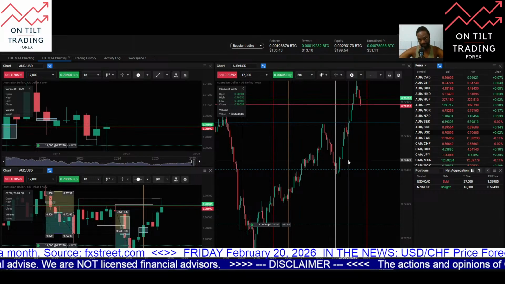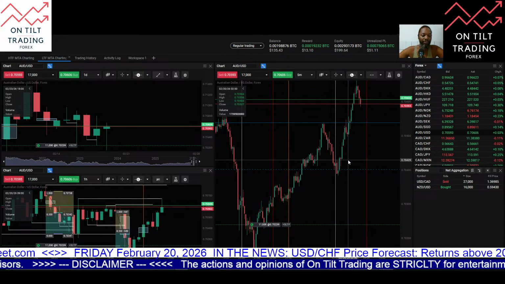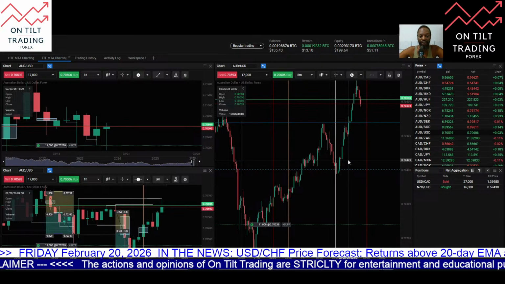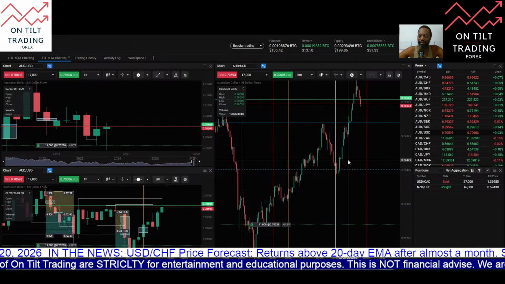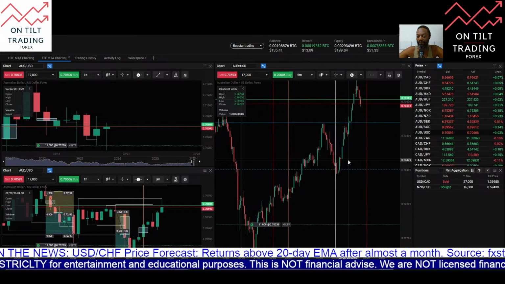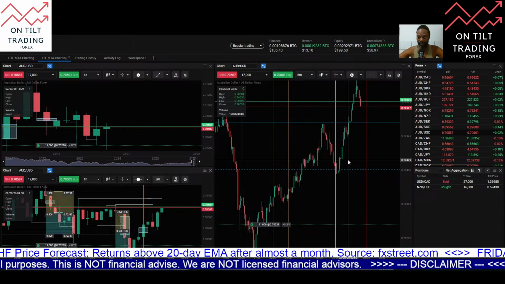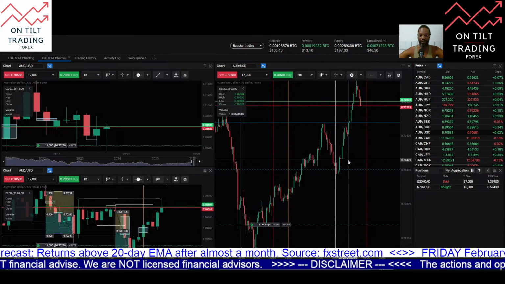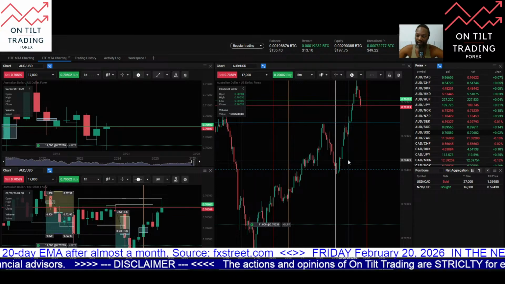Usually I would anticipate price to pull back and provide an entry opportunity by the following session, which is what dollar CAD did in this situation. Kiwi dollar set up and gave an entry in the Asian session.